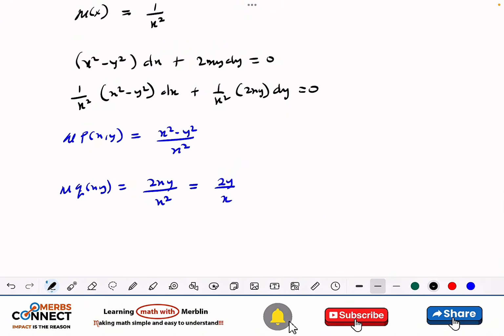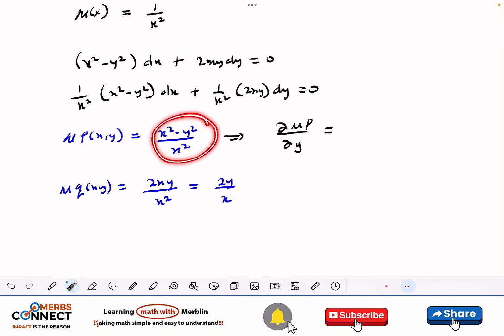Now we need to differentiate mu of p with respect to y. Here we are not going to use the quotient rule, because the denominator is constant. When I differentiate x, I'll get 0. When I differentiate y, I'm going to have minus 2y divided by x squared. I hope you understand the differentiation.